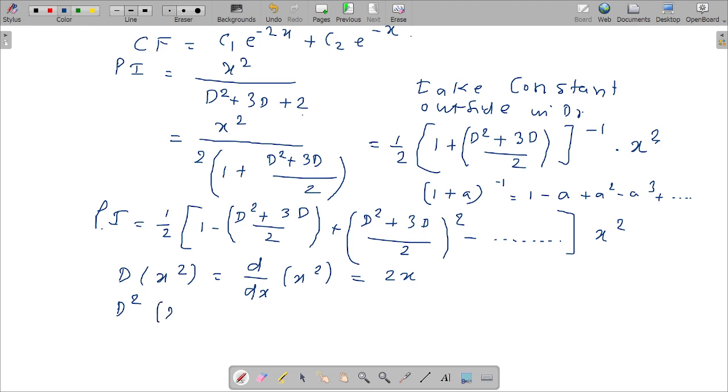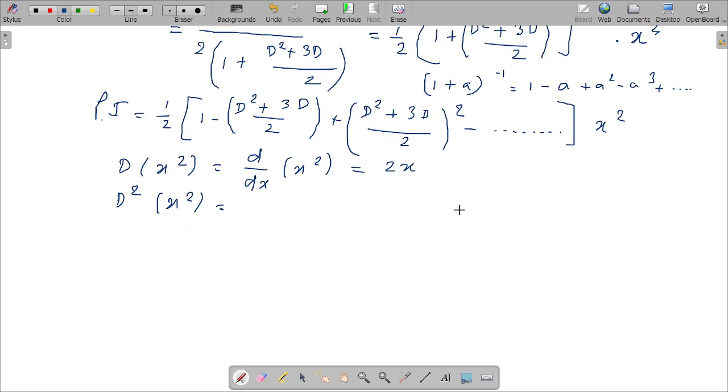So what is meant by d square of x square? D square of x square means d square by dx square, that is, 2 times differentiation of x square. So once again you have to differentiate the 2x, which is 2. What is meant by d cube?